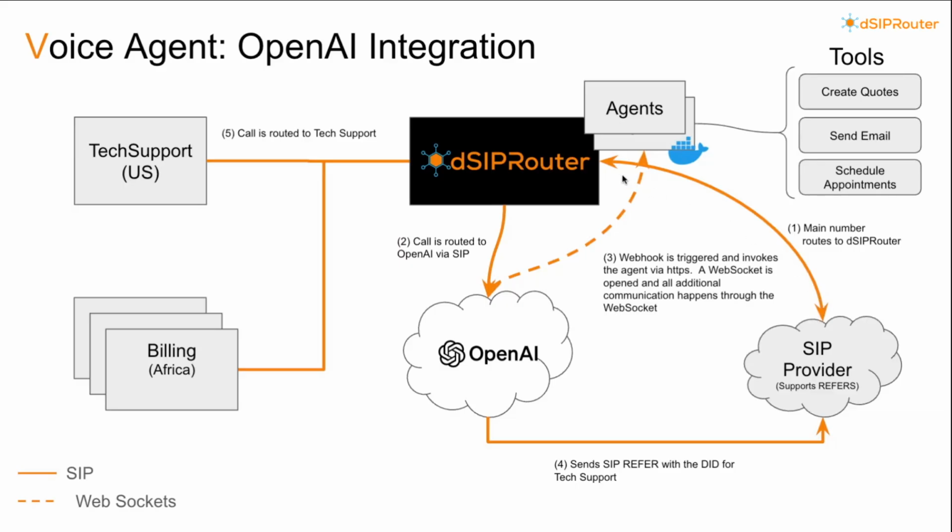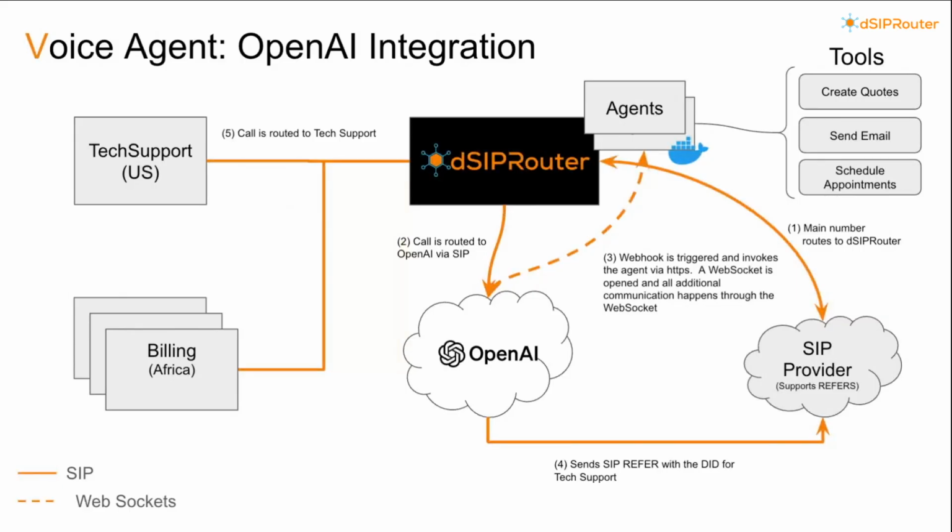Now we have all of the requests going to dSIPRouter, and then dSIPRouter handles routing the calls off to different entities. But you don't have to do it that way, right? So you could route it so that it's directly trying to communicate with the tech support entity.